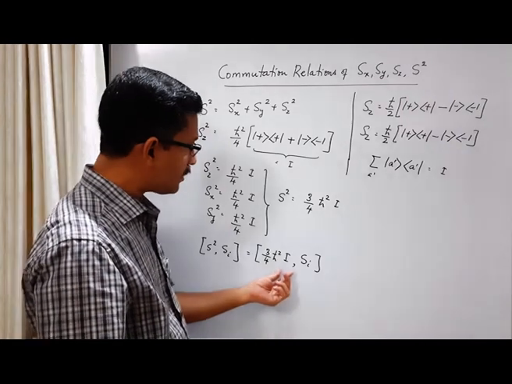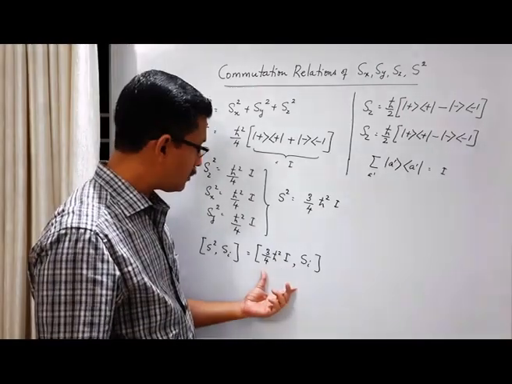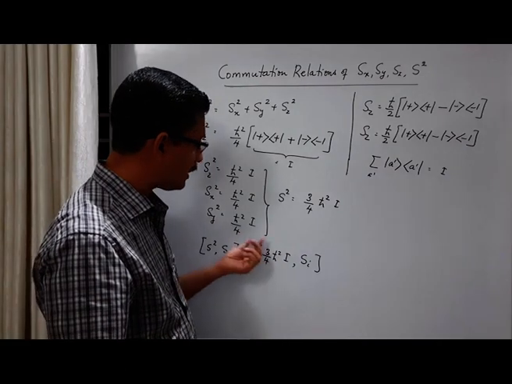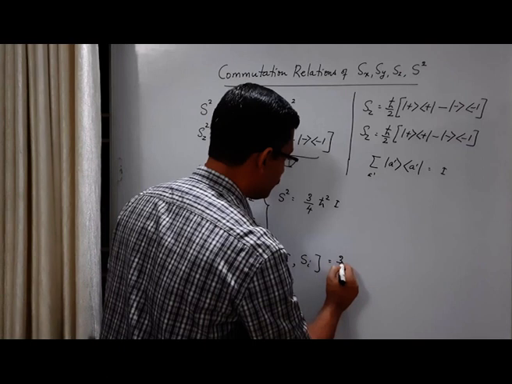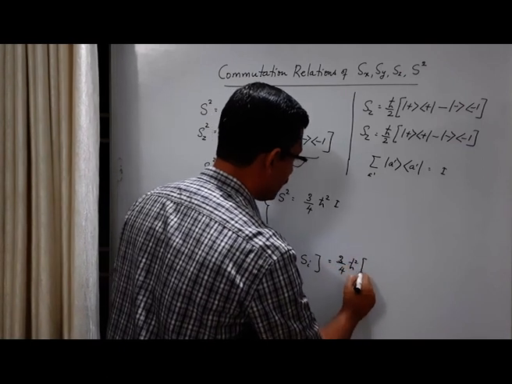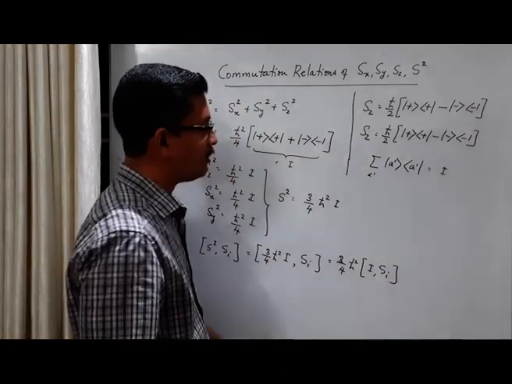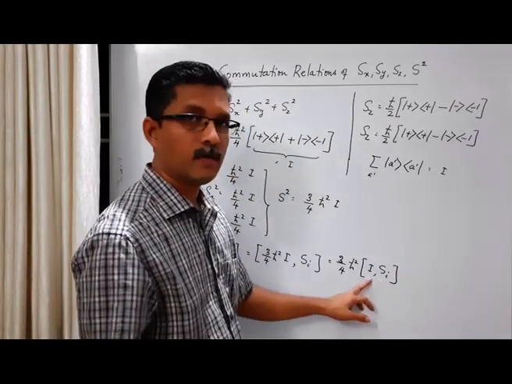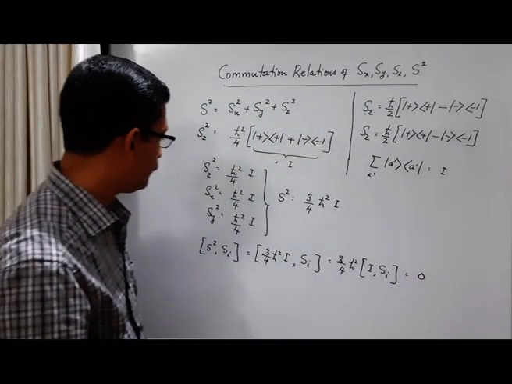Now a scalar times identity, comma, so if you have a commutation rule like this, then the scalar you can take out. So this is 3 by 4 h cross square times identity, comma Si. Now commutation between any operator and identity operator is 0. So this is 0.